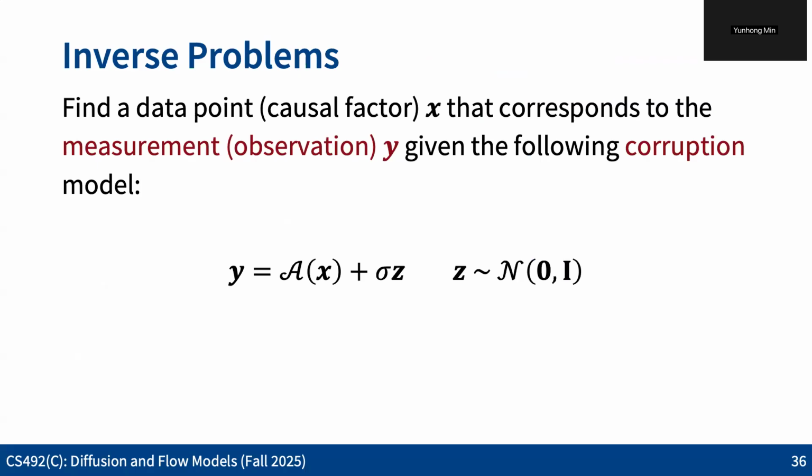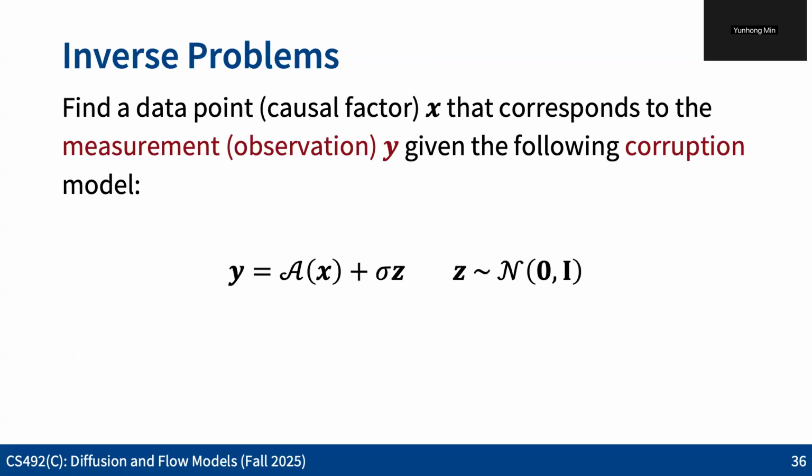Is there anyone who has heard about inverse problems before? Inverse problems, I mean, they are very common, right? This is really a problem that we can see in many applications. Here the basic idea is that we want to find the causal factor X. This is what we want to find.